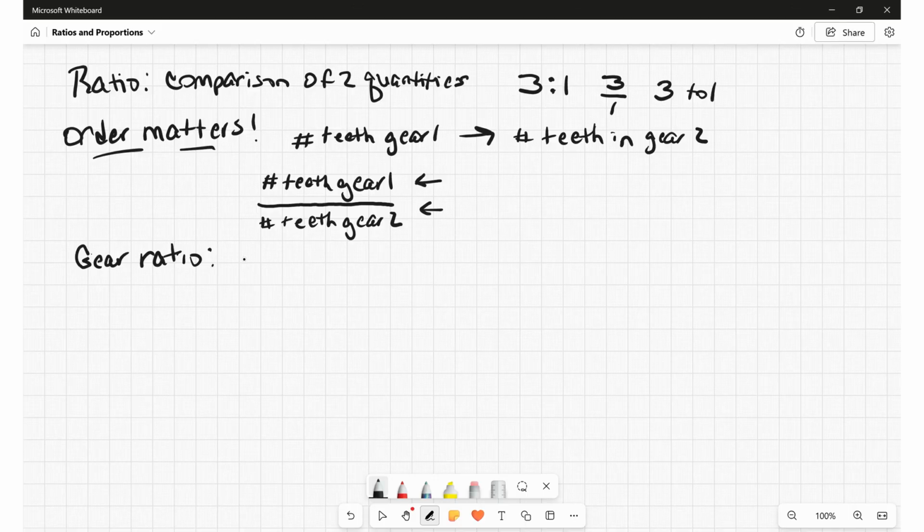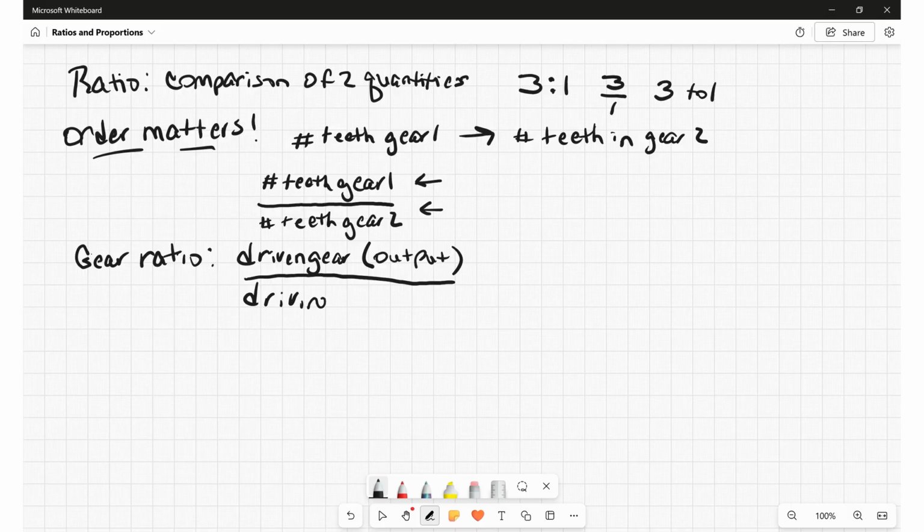And this means that the driven gear, or in other words, the output, is being compared to the driving gear, or the input.